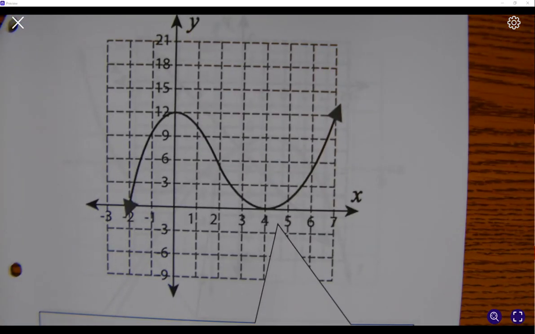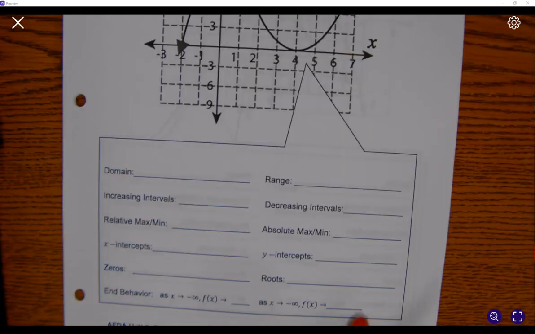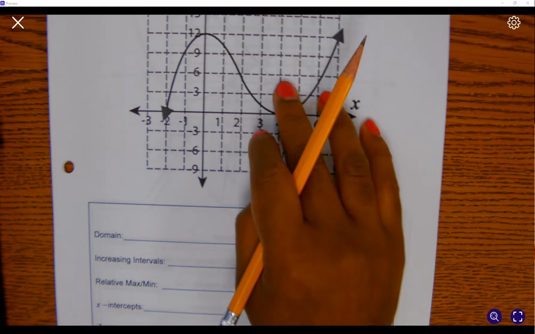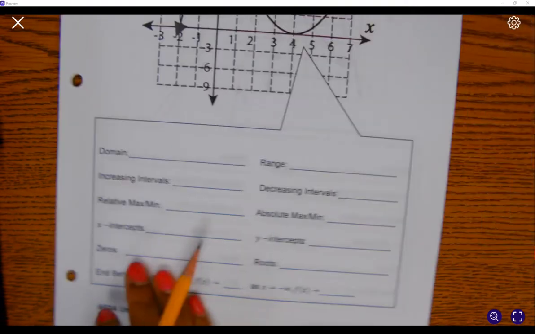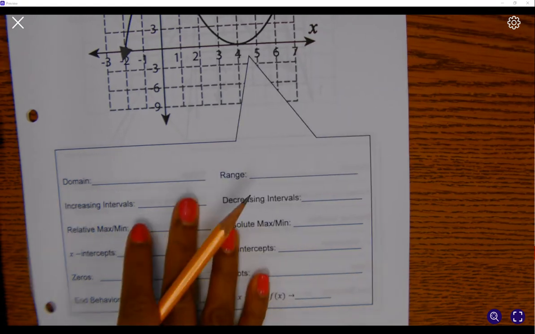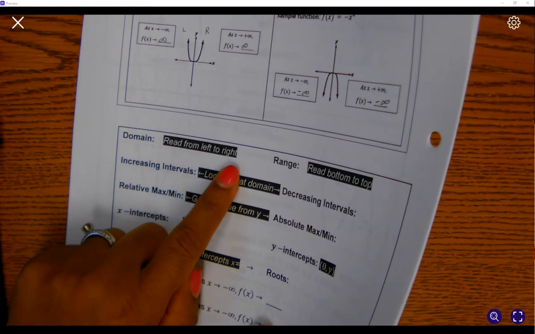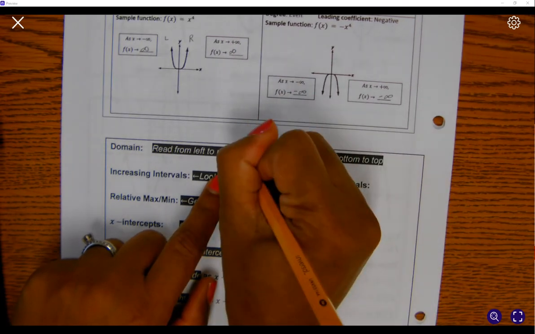So here's our first example. For this graph right here, we're asked to find all of these different things. All right, so the domain. Remember that the domain, we read from left to right, and it's only on the x-axis.